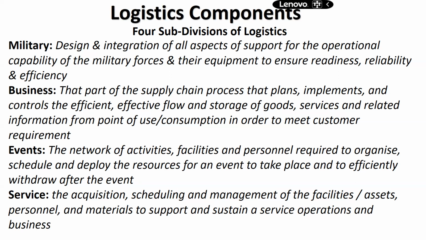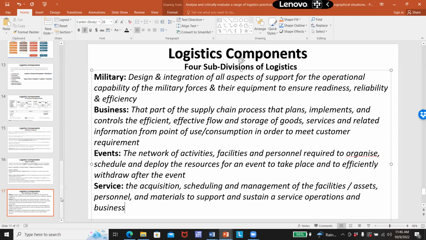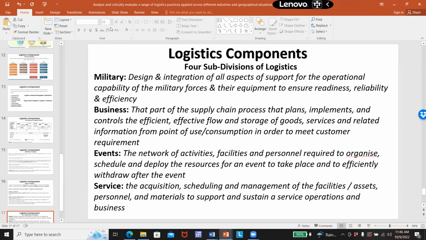From the point of sourcing, bring the supplier in. It said from the point of use, consumption, in order to meet customer requirements. Yes, sir. Okay. So that shows the disparity, the difference. That shows the difference, exactly.